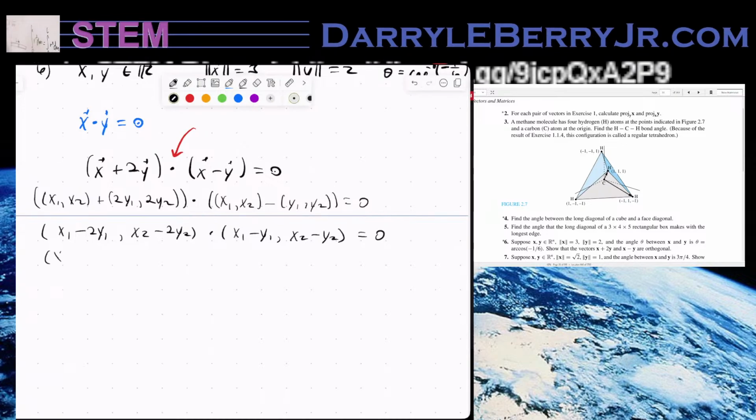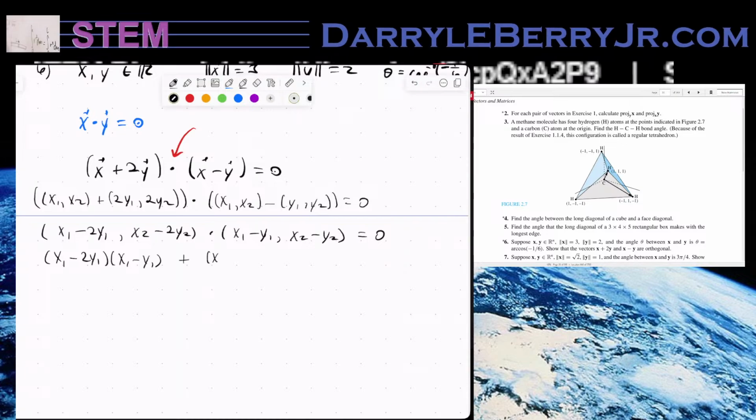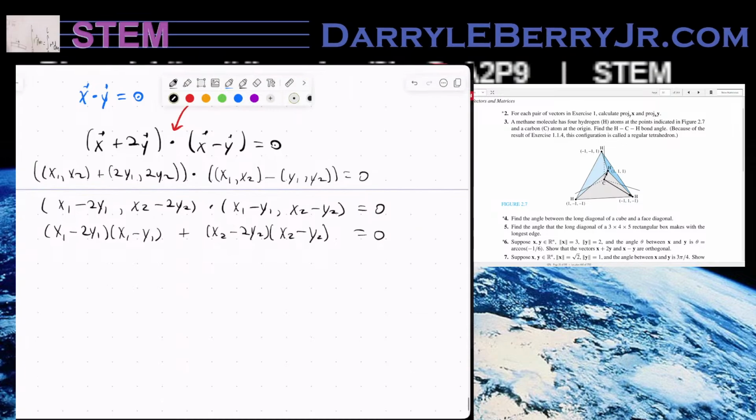So this means that x1 minus 2y1 times x1 minus y1 plus x2 minus 2y2 times x2 minus y2 equals 0. So this is x1 squared minus x1 y1 minus 2x1 y1.